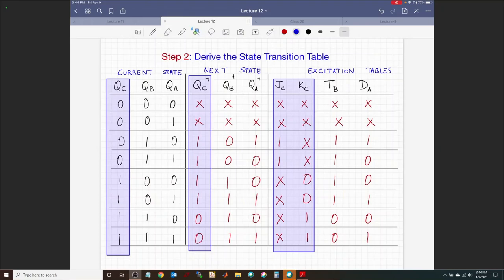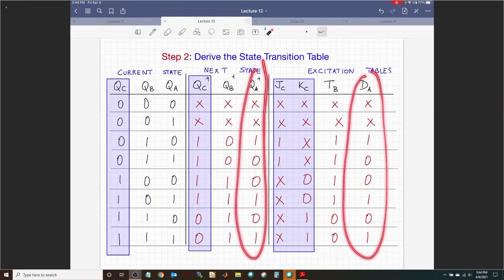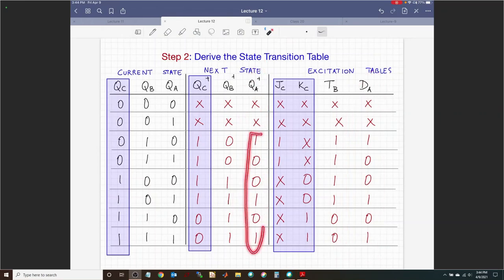Should DA be 0 1 0 1 0 1? No. So you see DA is QA plus. Whatever I have over here, I'm just putting it over here. QA plus, yes.